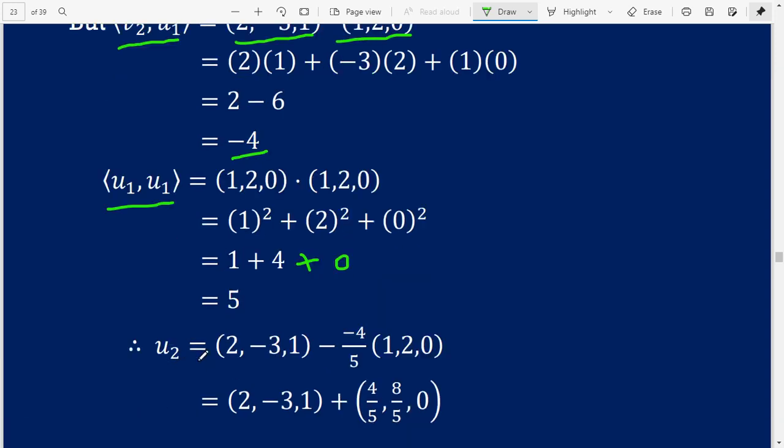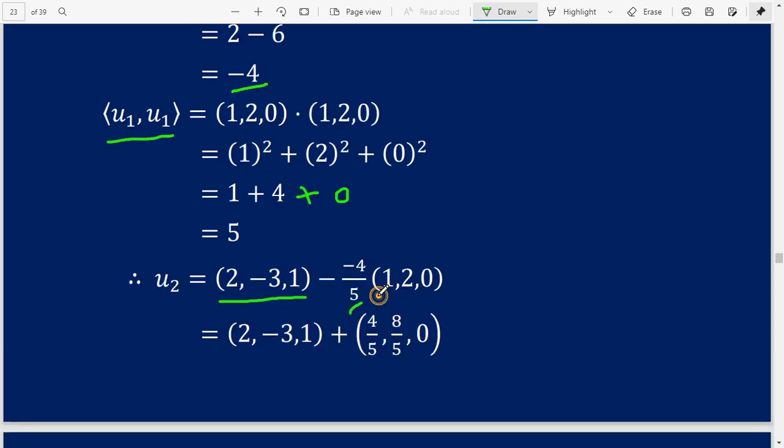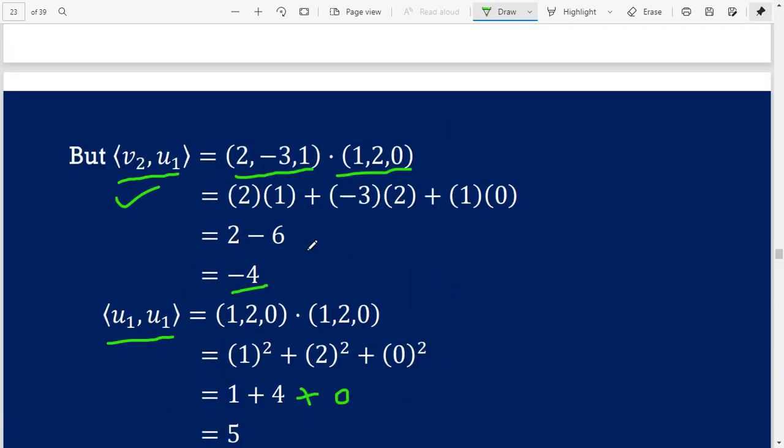So U2 is equal to V2 minus (−4) upon 5 into U1.